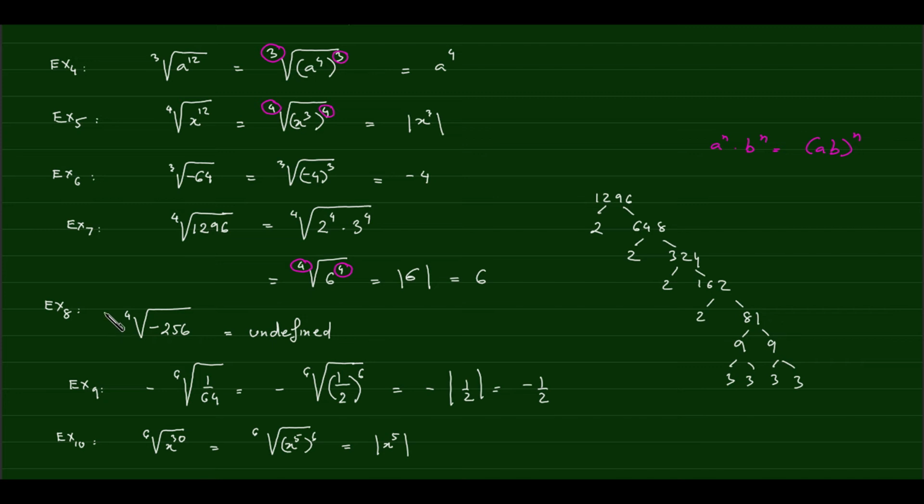Okay, the 3rd root works. Remember we will have -2 times -2 times -2. The 3rd root of -8 is still -2, because -8 is -2 times -2 times -2. So the 3rd root of -8 is -2.